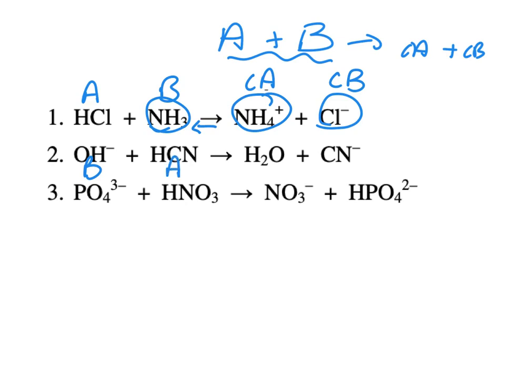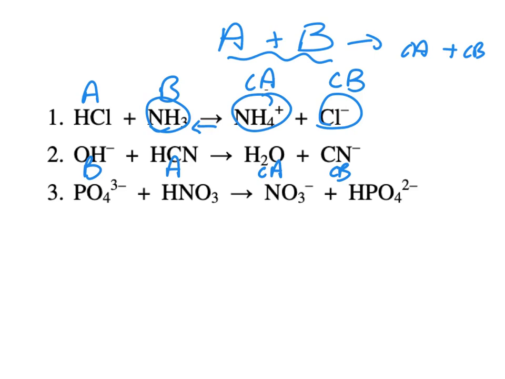This, therefore, is my acid. My conjugate acid is the product that remains after that base accepted a hydrogen, and this would be my conjugate base because it is the product that remains after the acid got rid of its hydrogen.